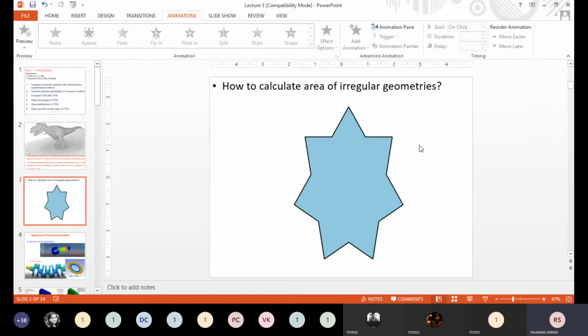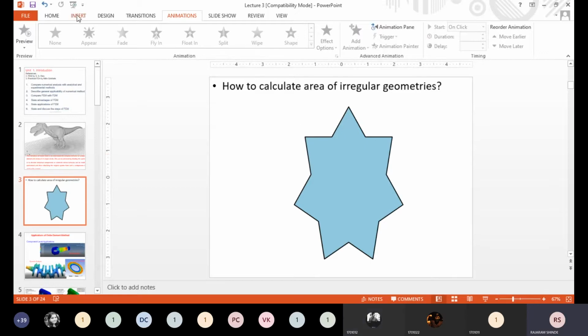Now here, this experiment you have done in I think fourth or fifth standard. What you have done? You have used the graph papers. Am I right? Yes, sir.